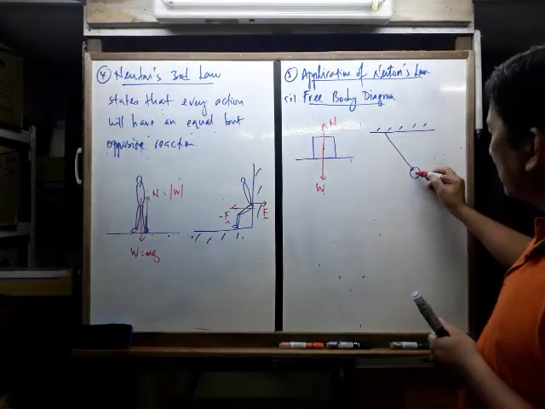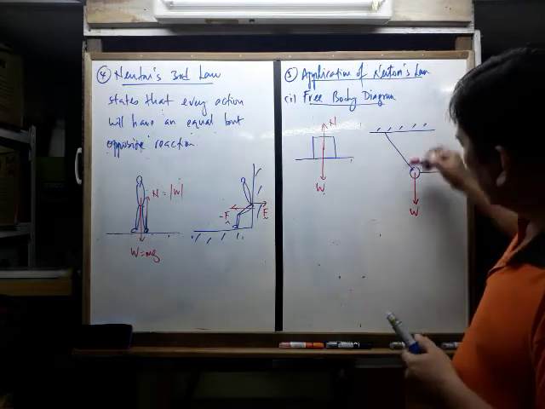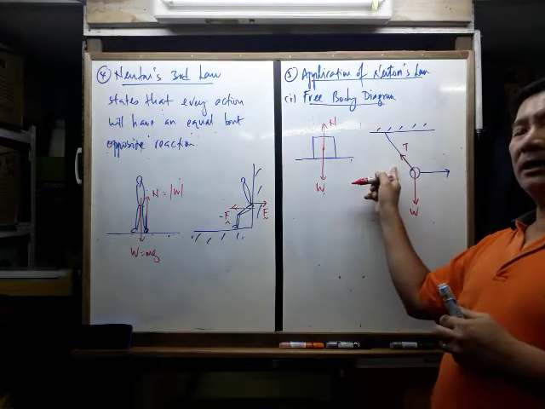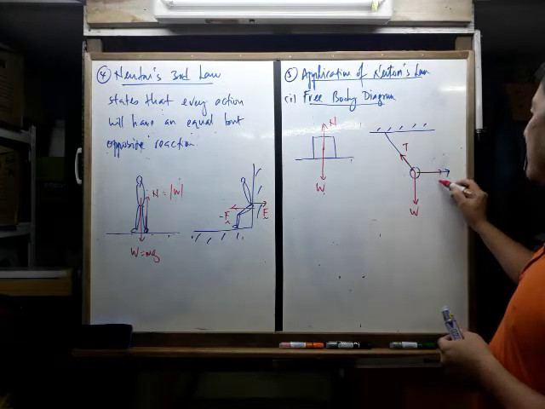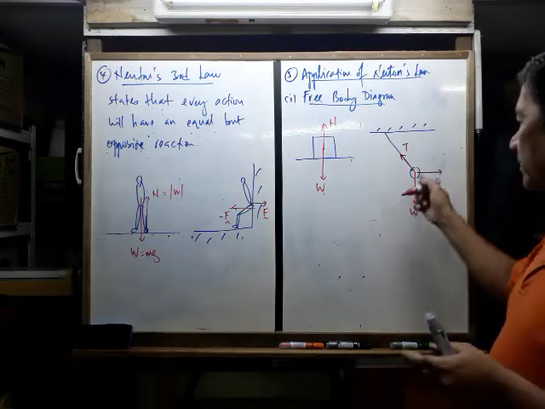Three forces. Number one, of course, is the weight of the pendulum. Number two is the tension in the string that hangs the pendulum. Number three is of course another tension that pulls the pendulum sideways.